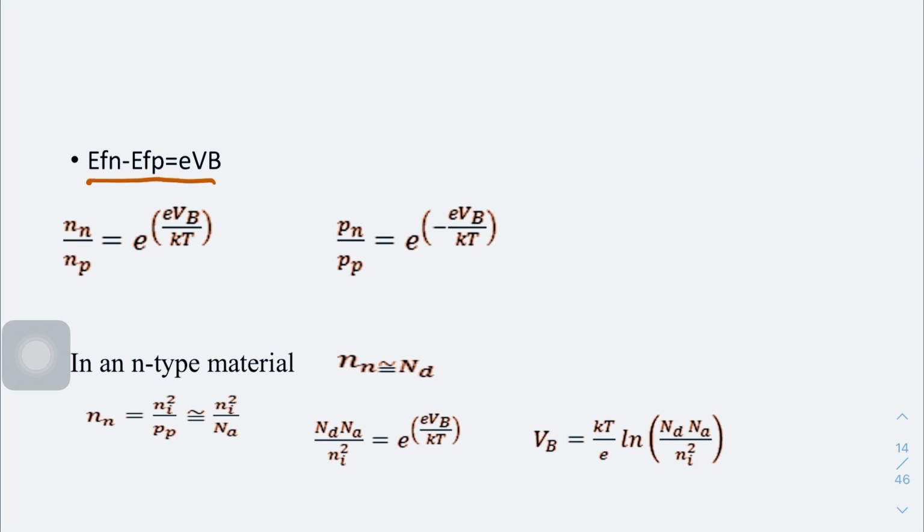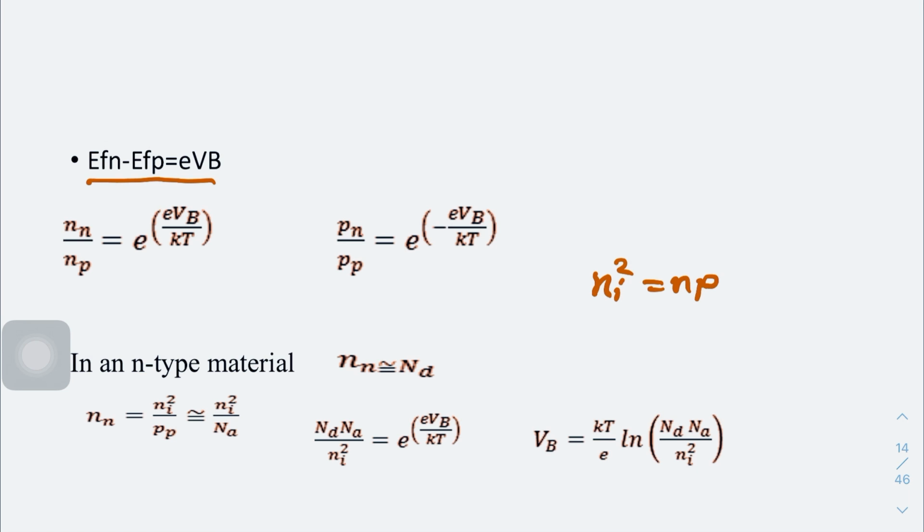Therefore, n sub n over n sub p is equal to exponential of eVB over kT. But from the law of mass action, we have that ni squared equals n multiplied by p.